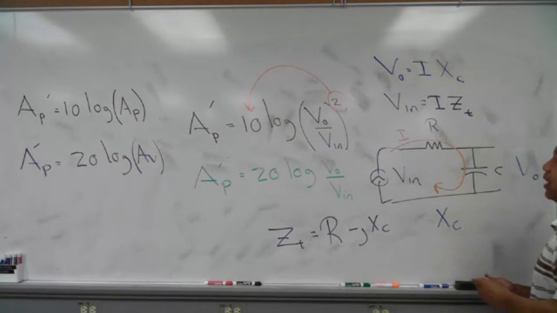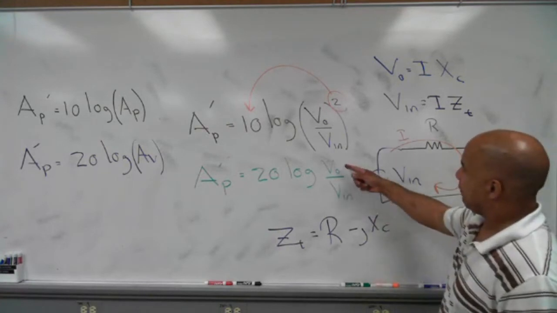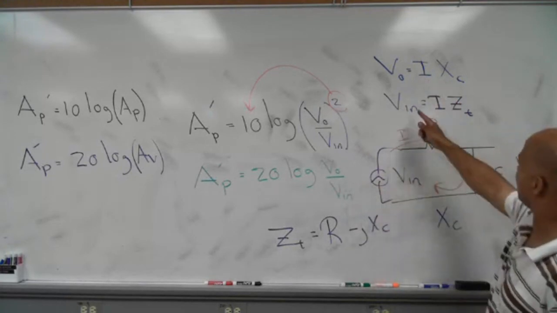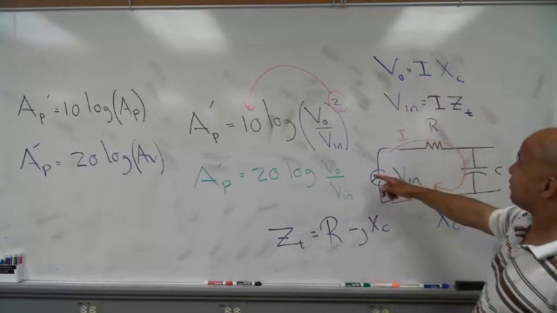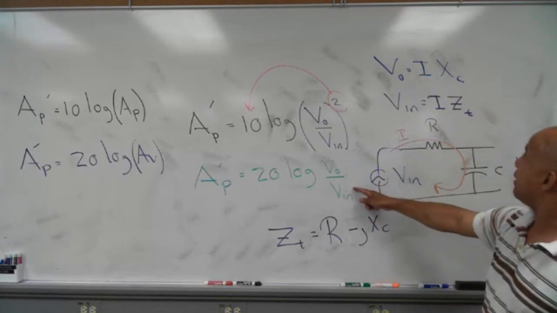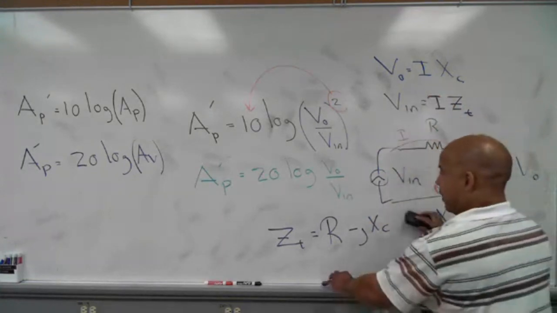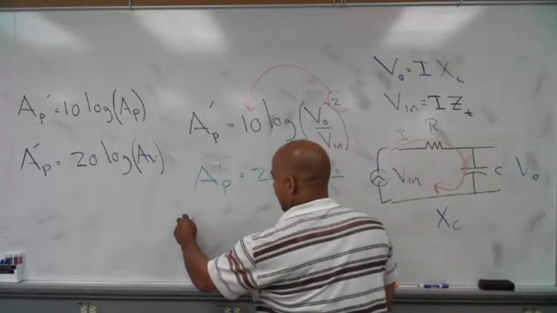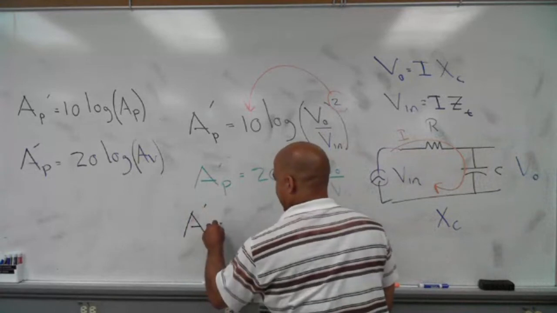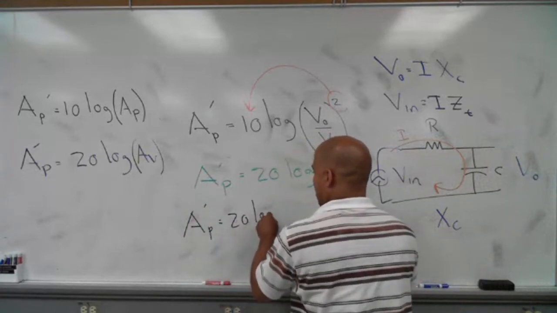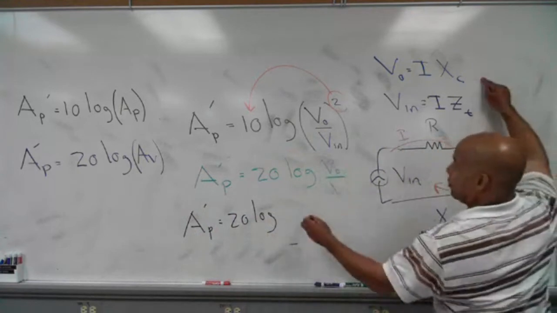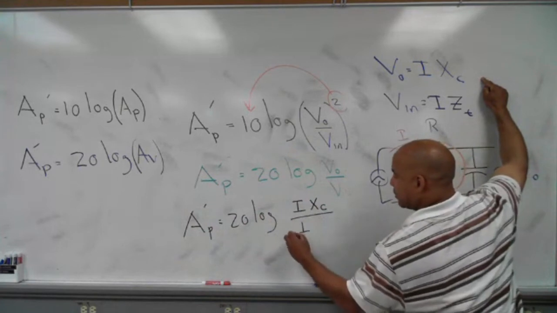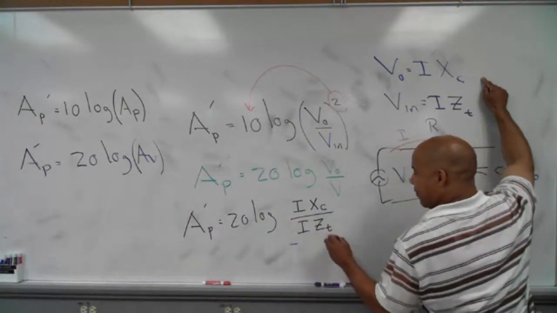Well, looking over here, if V out is equal to I times XC, and V in is equal to I times ZT, what I can do is substitute for V out and V in what they're equal to. And if I do that, what I'll get is that the decibel power gain is equal to 20 log, V out is I times XC, and V in is I times ZT.